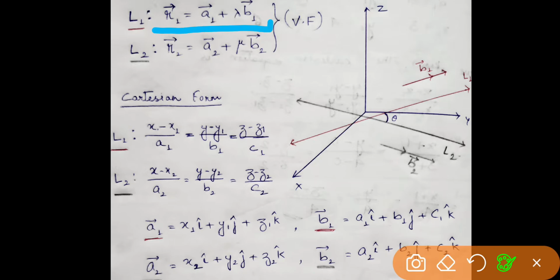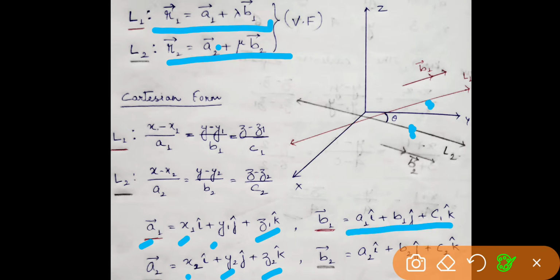Here we have a and b vectors, so I have written a1 vector as x1 i cap plus y1 j cap plus z1 k cap. This means the point is in L1. Similarly L2 has a2, which is x2 i cap plus y2 j cap plus z2 k cap. That point is present in this line. And b1 and b2 are the parallel vectors.